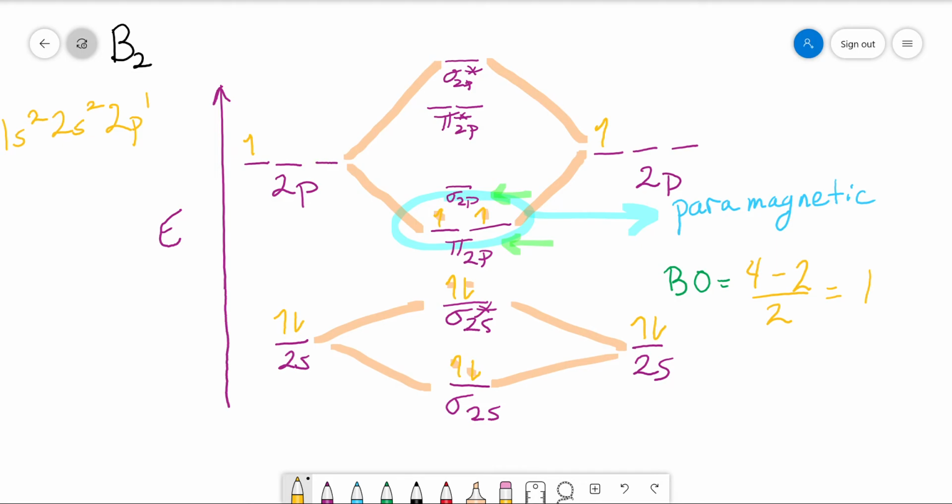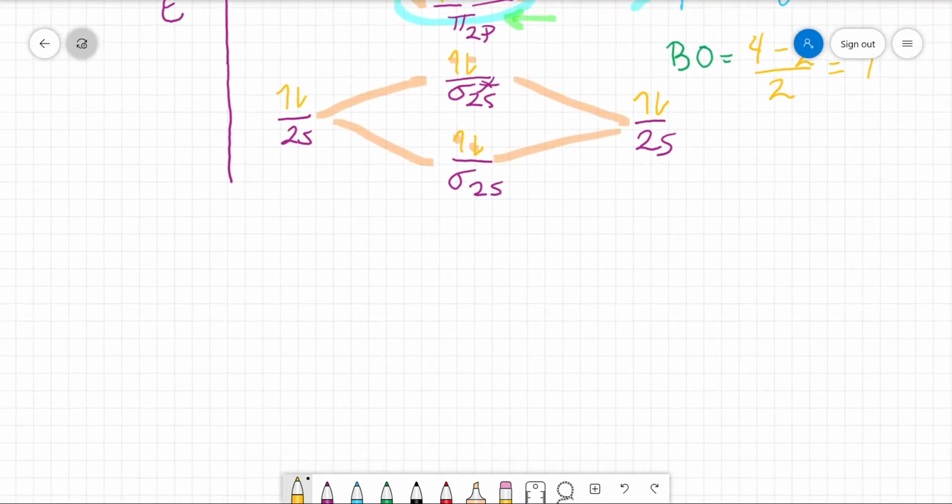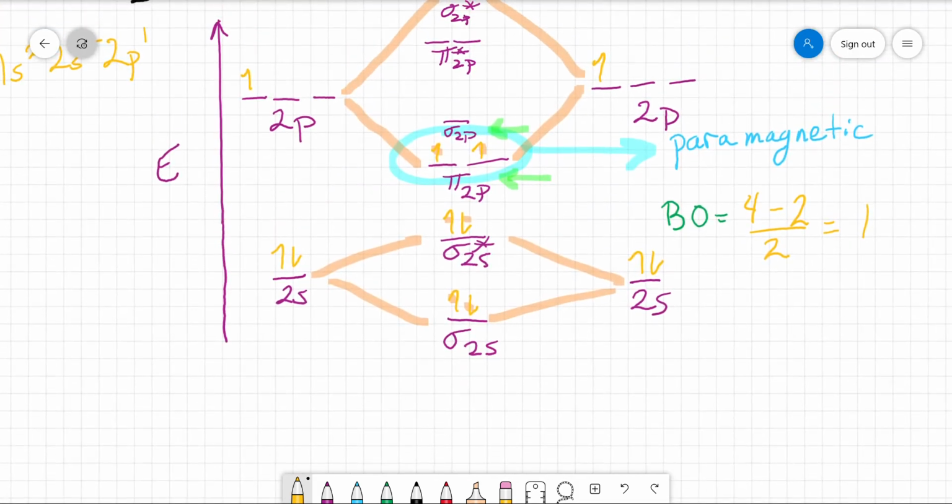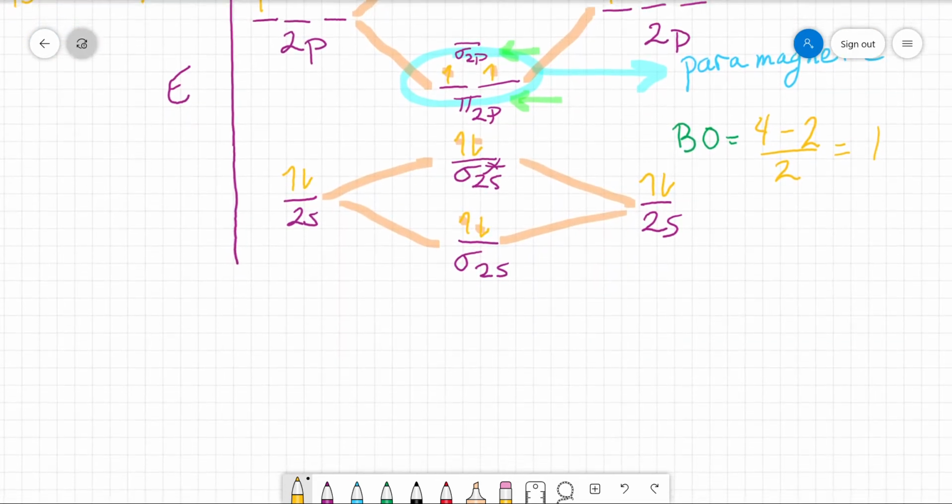So do we have a bond here? Yes, we have a bond order of 1, and so we would expect a sample of boron in the gas phase to exhibit diatomic boron, B2, essentially. So be sure you know how to do that and understand where the bond order and the paramagnetism came from. Okay, let's move on.